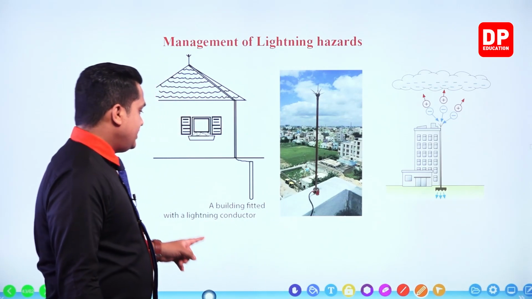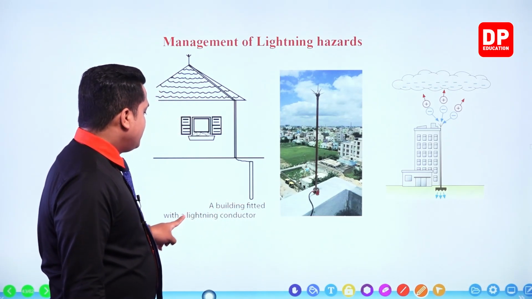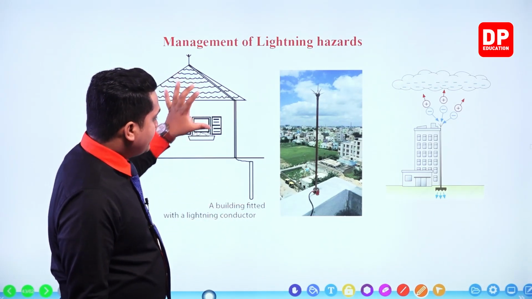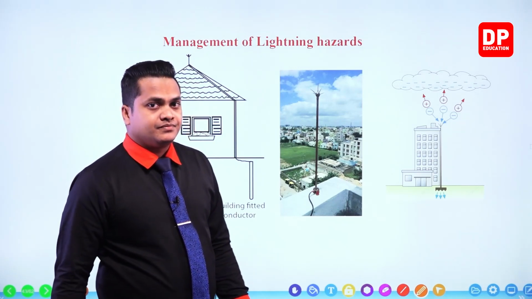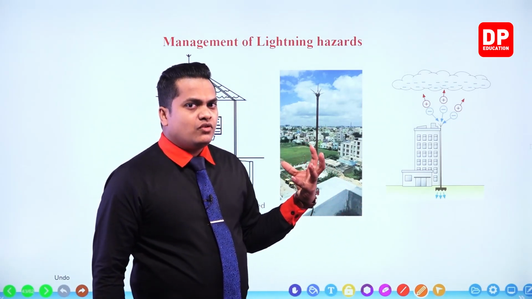So here it is given a building fitted with a lightning conductor. Now the lightning conductor is going to save the building. Even we can use this for houses as well.